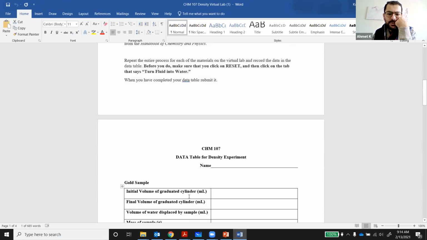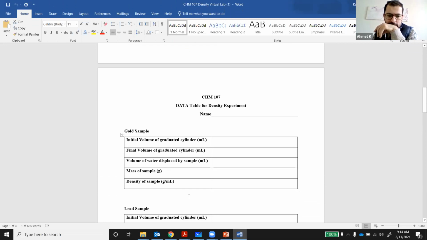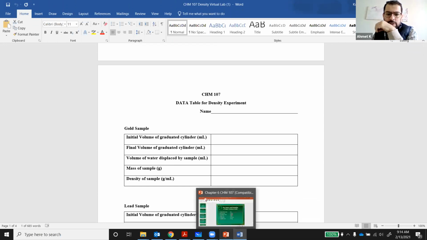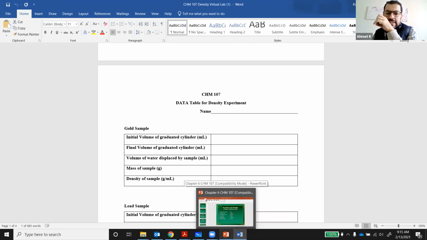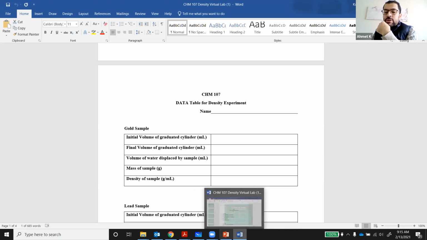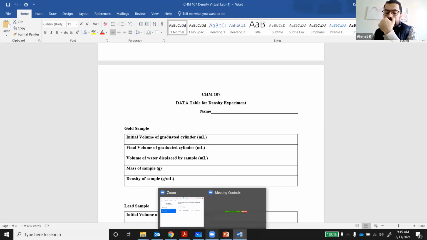If you go through it, you will do the lab. What we are doing here is finding the density of the metal, or whatever the subject is that you have. How can you find the density of any matter?